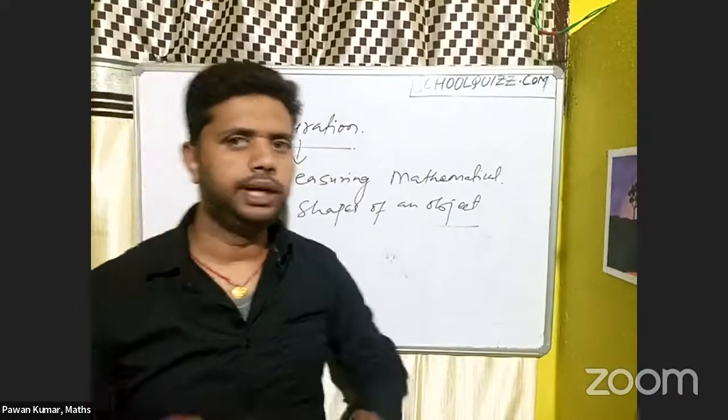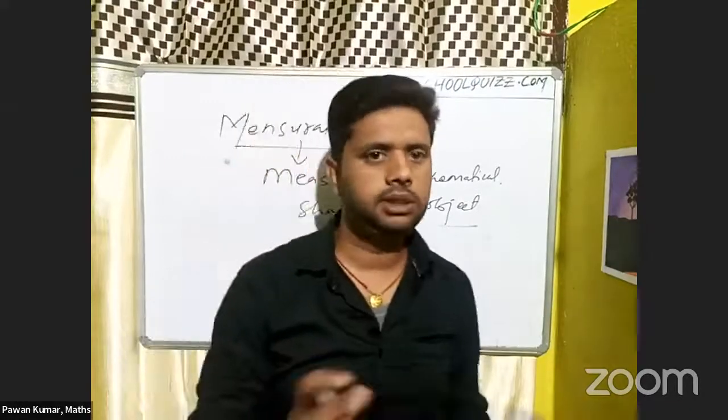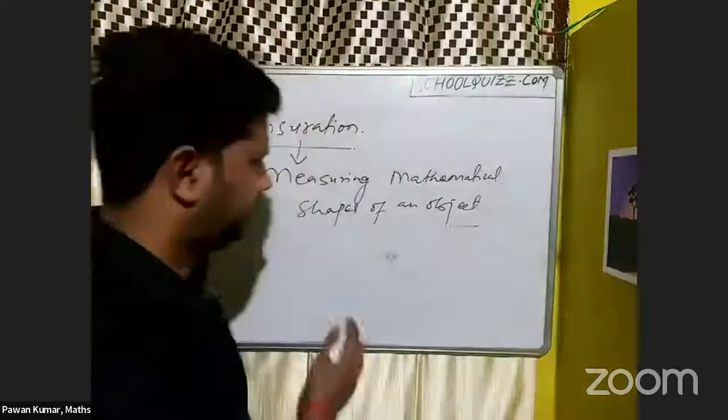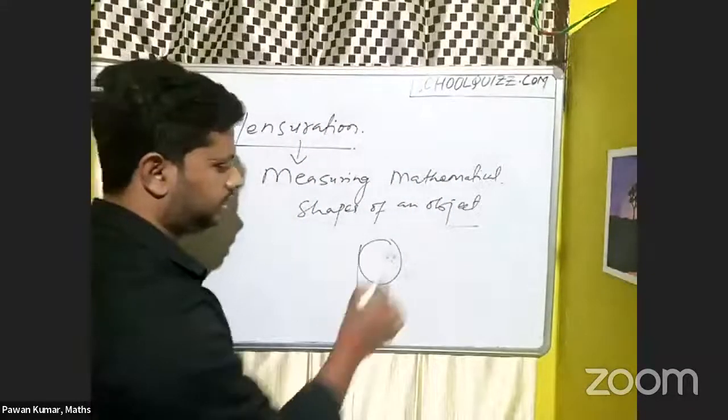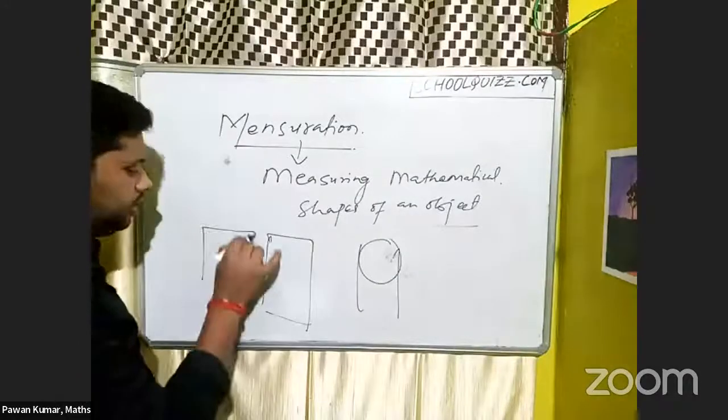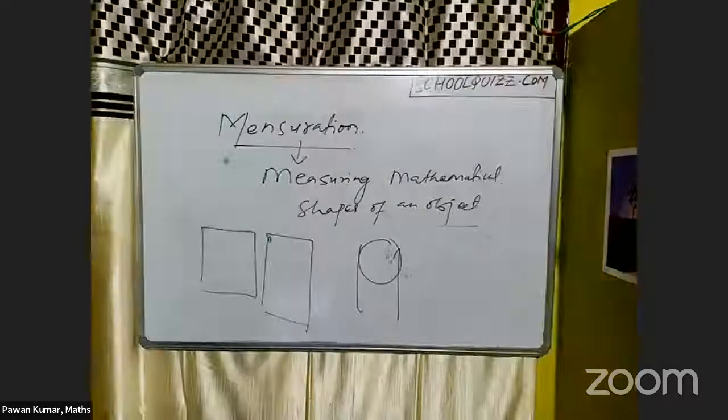And suppose a building, if I see it from different angles, it will look different. Some people will make a circle, like dome-type structures. Someone will make a rectangle, that is, a rectangle-type front face. Someone will make a square-type structure, correct?